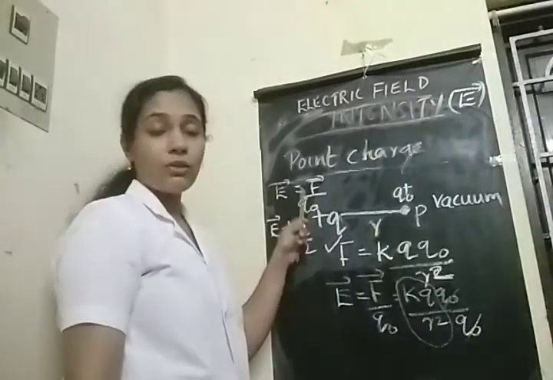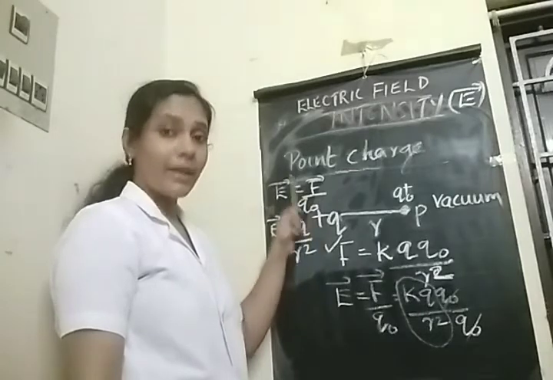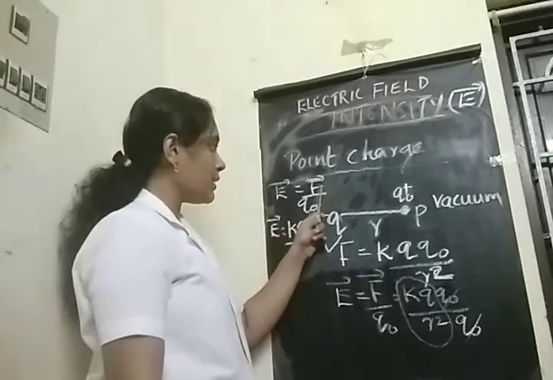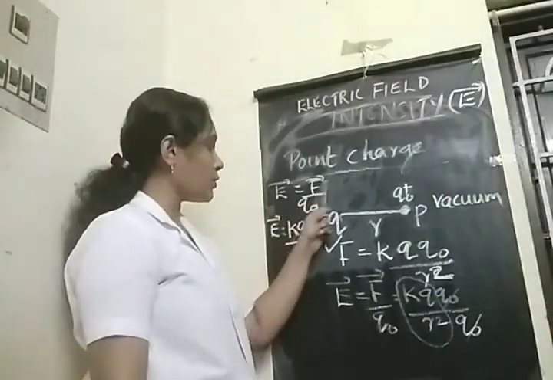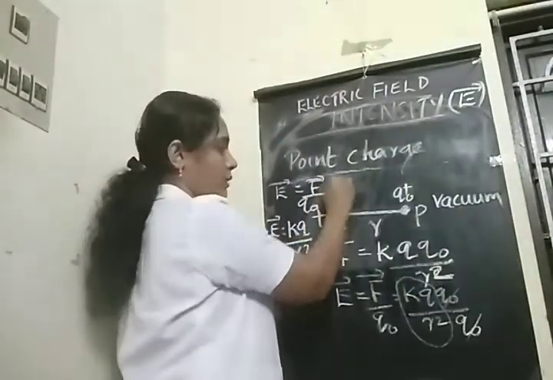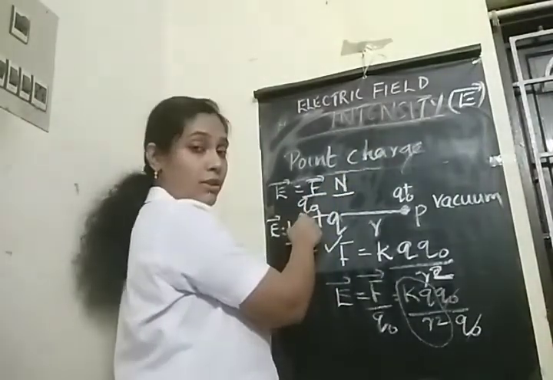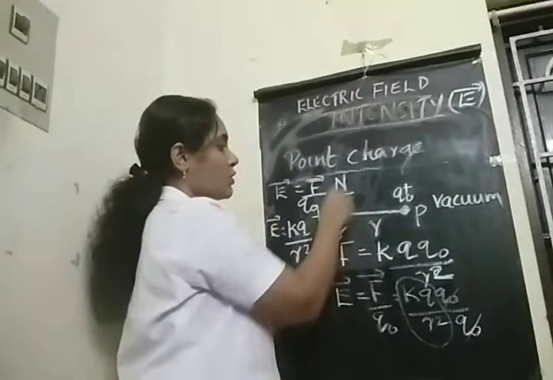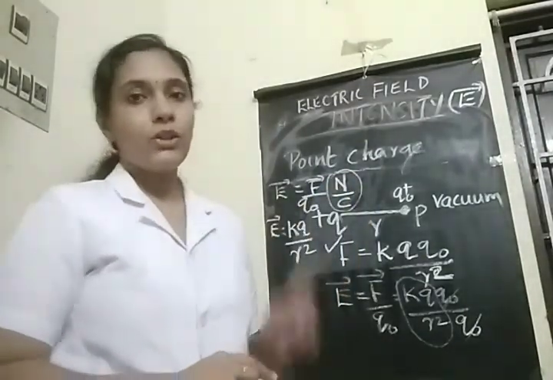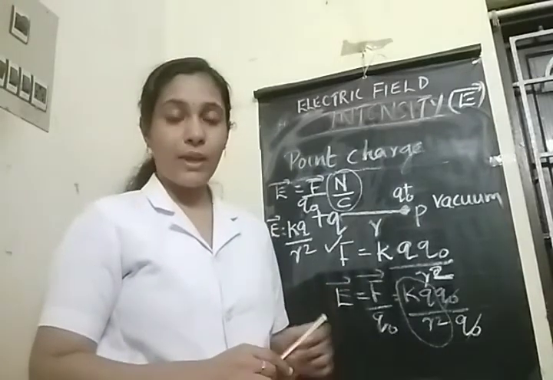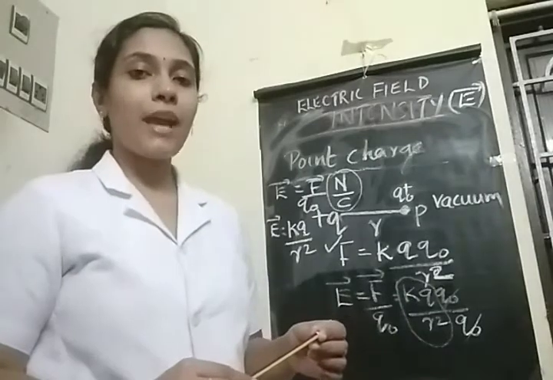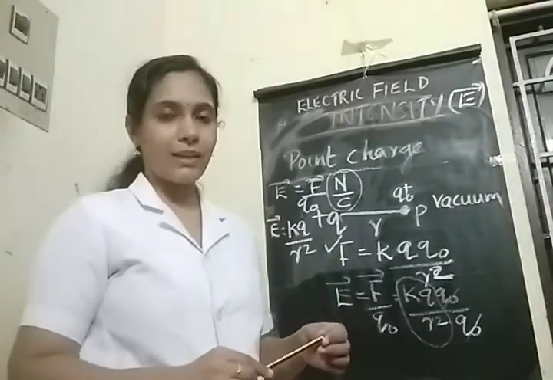In order to find the unit, it's convenient to use the equation E = F / Q. What is the unit of force? Newton. And the unit of charge? Coulomb. So the SI unit of electric field intensity is Newton per Coulomb. It's a vector quantity and its direction is the same as that of the electrostatic force.